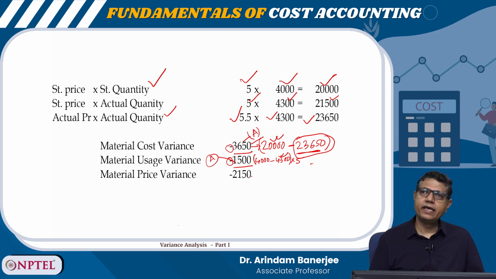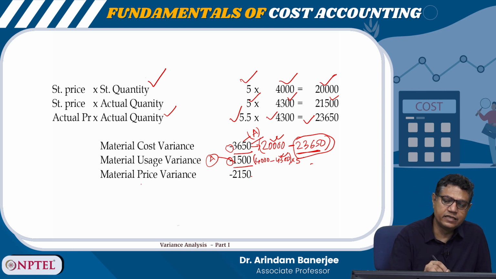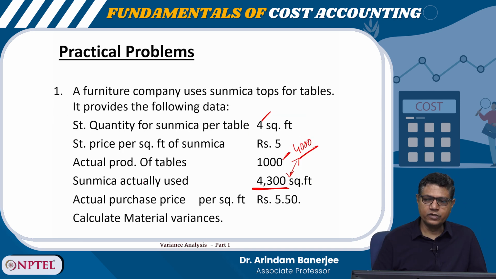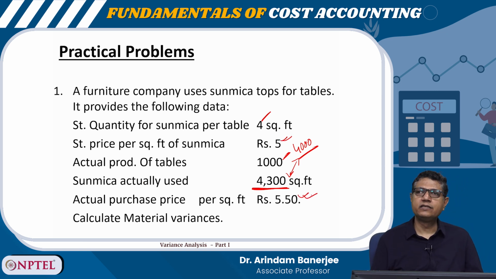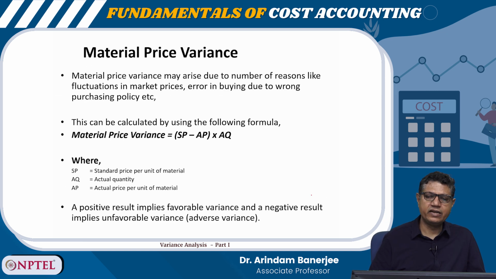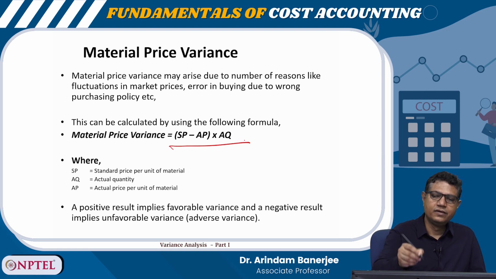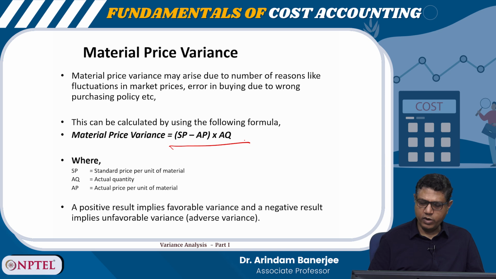There could be another reason for this variance, which is the variance in price. If I go back to the question, the standard price is 5 per square foot, but the actual price I paid was more, that is 5.50. So what is the formula for price variance? The price variance is standard price minus actual price into actual quantity.